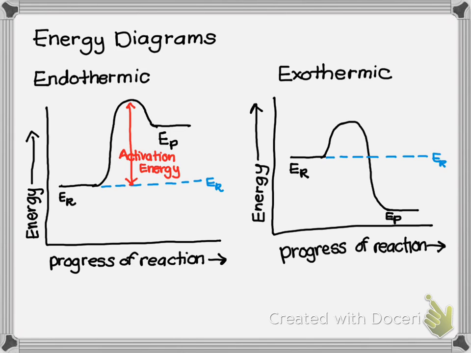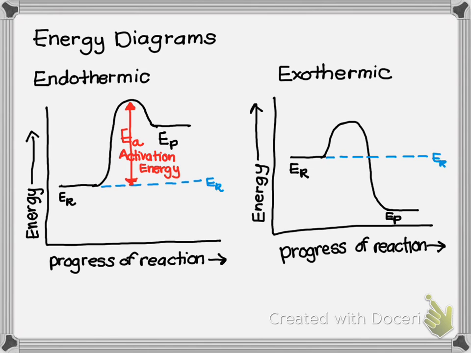It could also be written as E with a lowercase a. So it's from the top of the peak here and from where you started. That amount of energy is the minimum amount of energy that you need for this reaction to proceed.